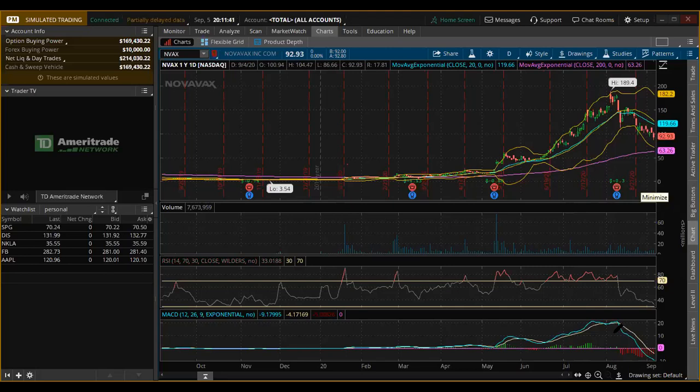Exactly. And that's the stuff that you have to make sure you look at. So for everybody that's saying, oh, I want to do these 1 week trades, by no means am I saying yes, do a 1 week trade, 1 month trade.